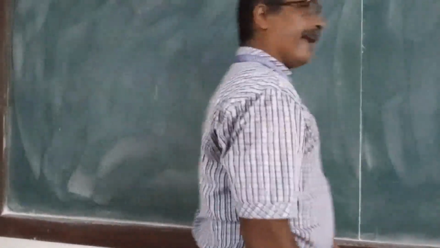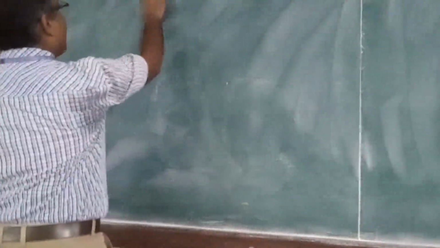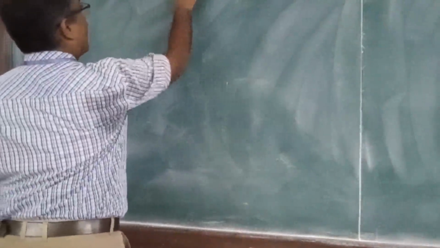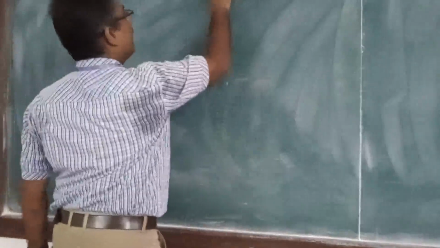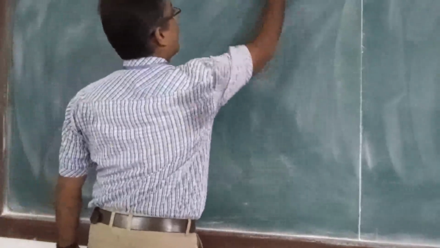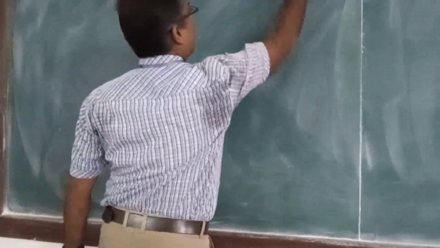So this is the vector A. Now the vector A is written as A equals AX i cap plus AY j cap plus AZ k cap, where AX, AY and AZ are the components of the vector A along the X, Y and Z axes. So what is a vector?